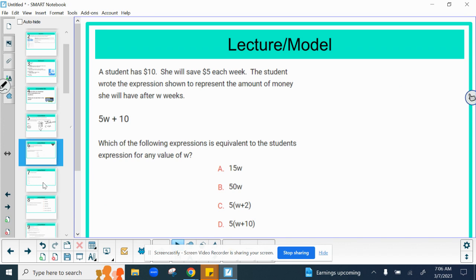All right, a student has $10. She will save $5 each week. The student wrote the expression 5W plus 10 to represent the amount of money she'll have after W weeks. Which of the following expressions is equivalent to the student's expression? Remember, equivalent means the same.